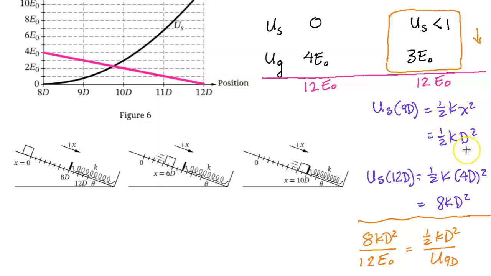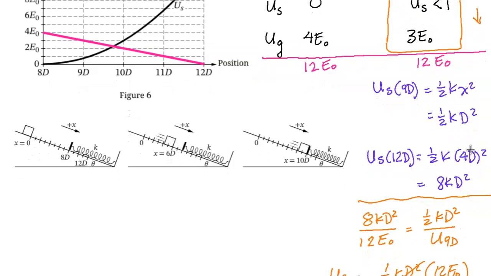So if we plug in D, why am I plugging in D? Because at 9D, the spring is compressed 1D amount of distance. So that's why I'm saying that the spring potential energy at position 9D is 1 over 2 kd squared, because that's how much it was compressed, a D amount of distance.